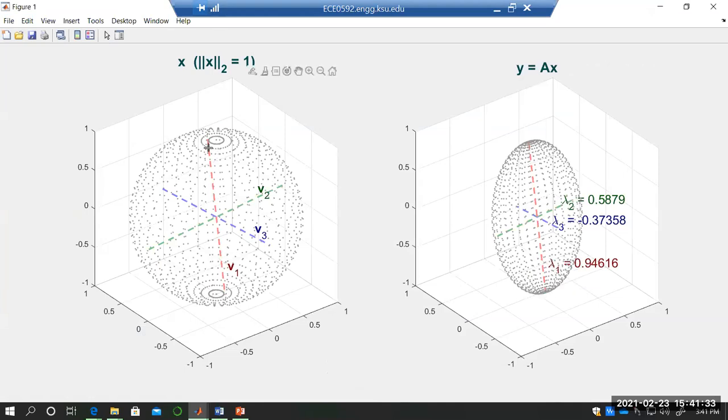And the direction remains the same. This is V1. If you take V1, the direction of AV1 is also lambda 1 V1. So it's the same direction as V1. Okay. And you can see the length of this is almost 1, right?